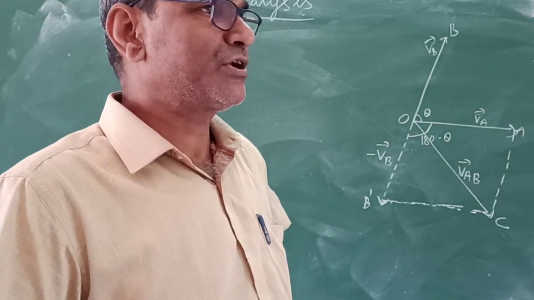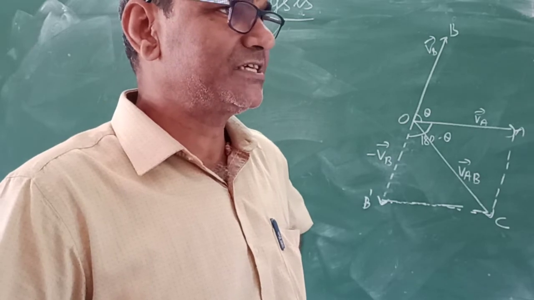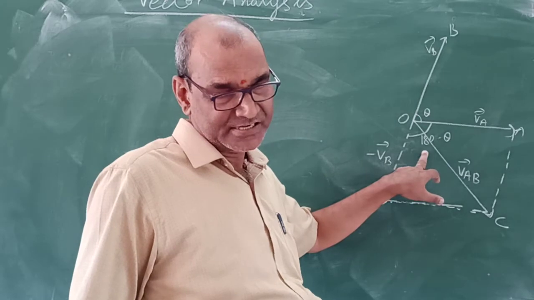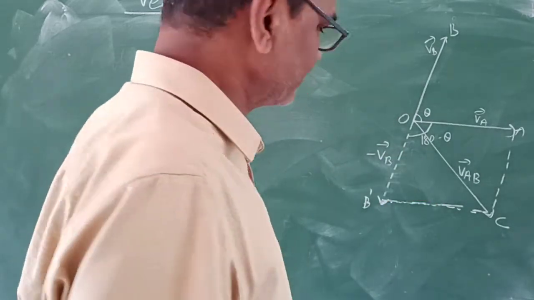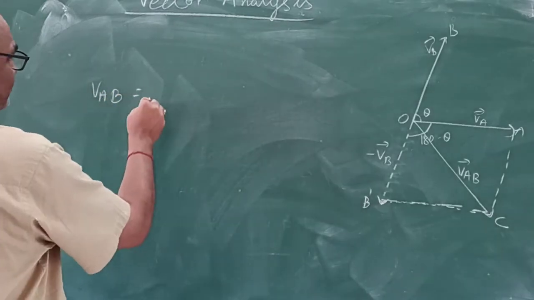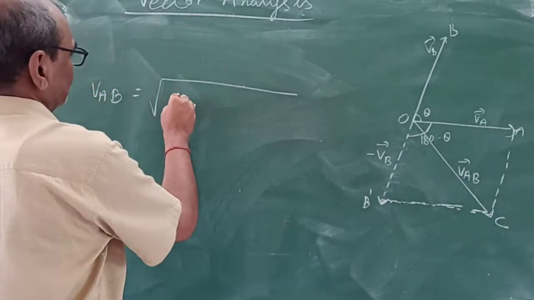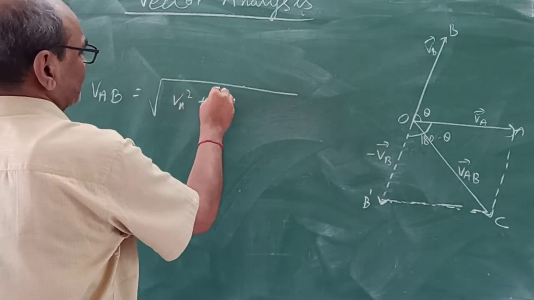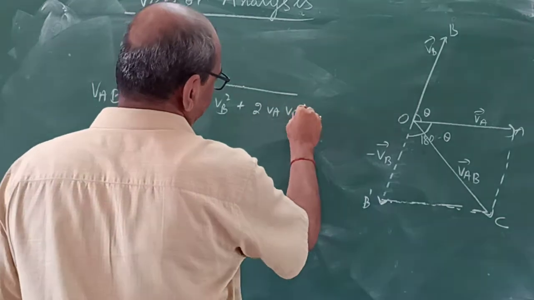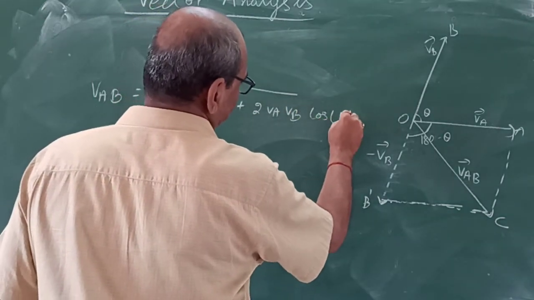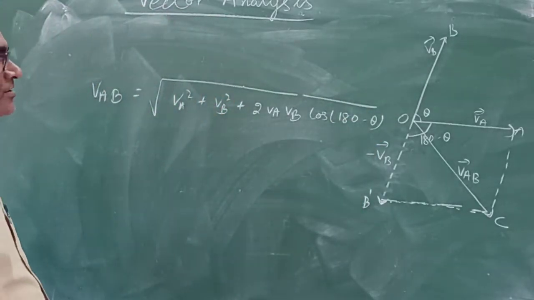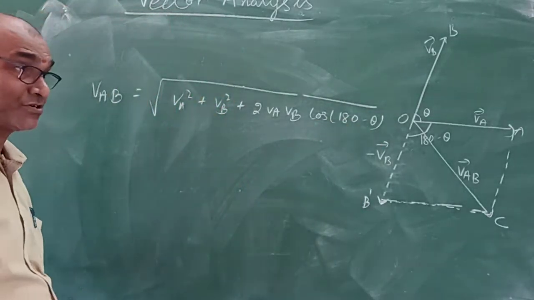to root under A square plus B square plus 2AB cos theta. Here the angle is 180 minus theta. Therefore, the relative velocity of A with respect to B is equal to root of VA square plus VB square plus 2 VA VB into cos of 180 minus theta. Cos of 180 minus theta is equal to minus cos theta.